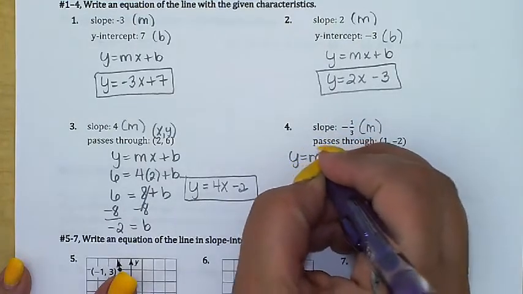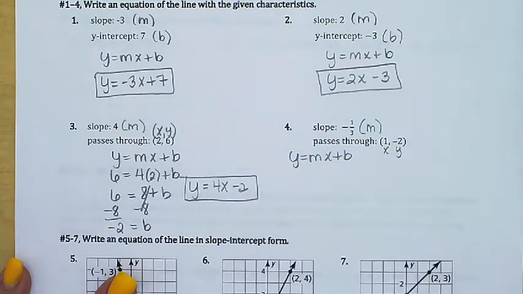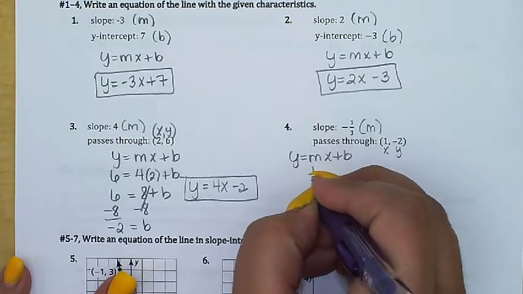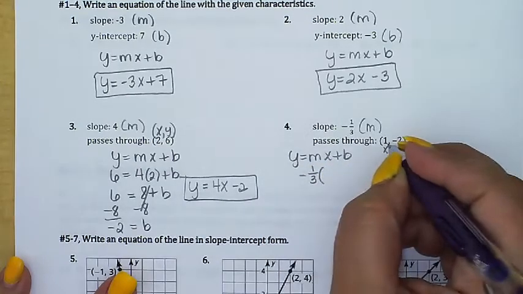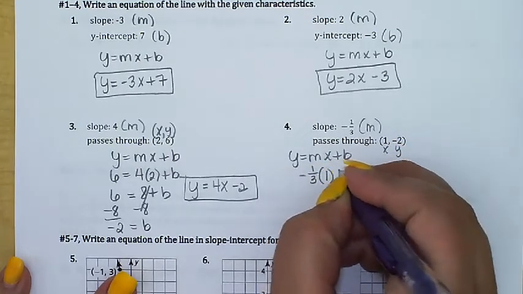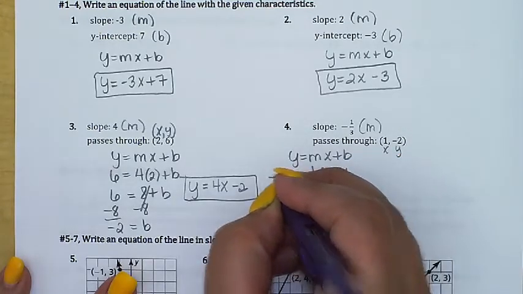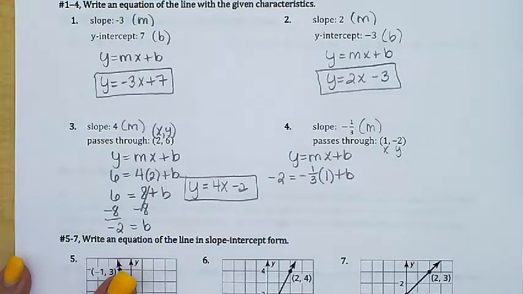So we're going to write it in slope-intercept form. Let's fill in what we know. We know that the slope is negative 1/3, and we know that when x was 1, this output came out to be a negative 2. All right. So we fill in everything we have.